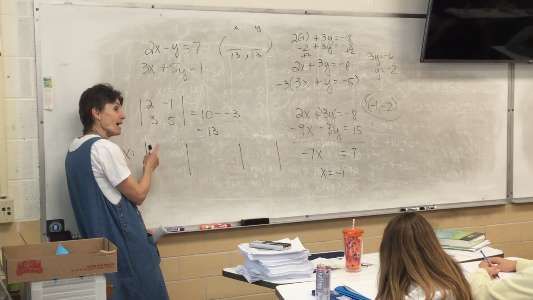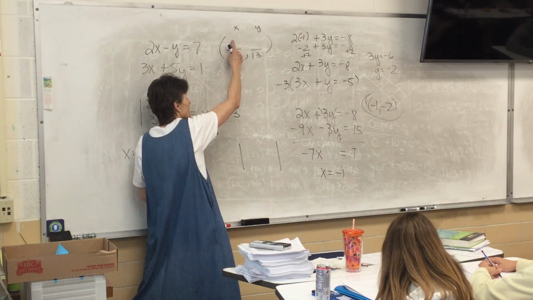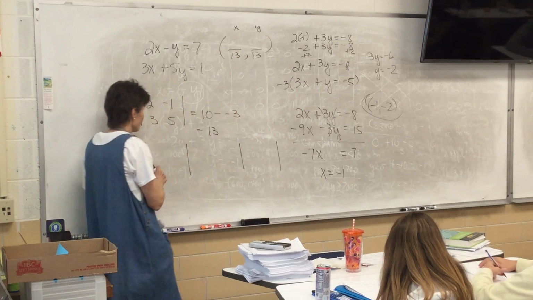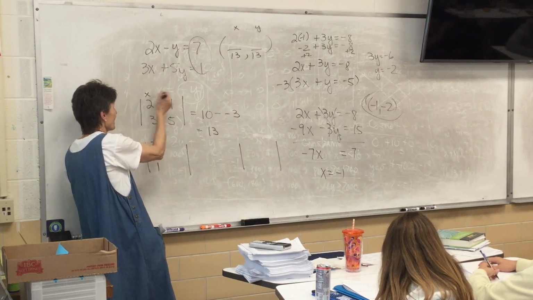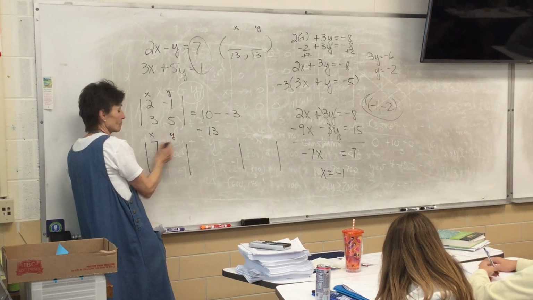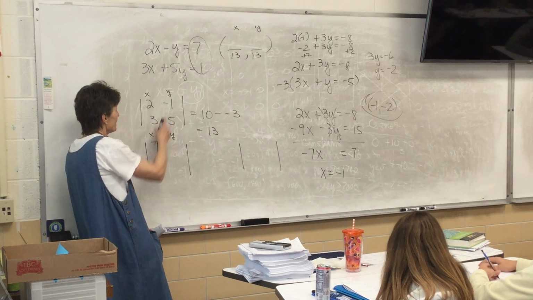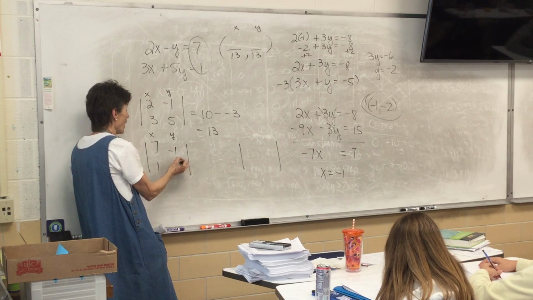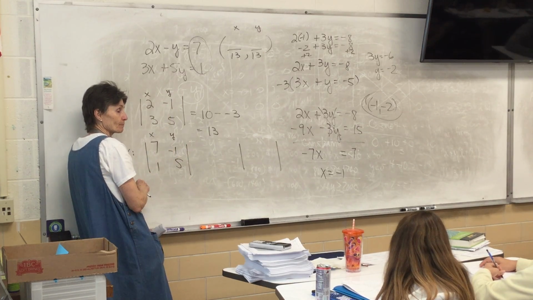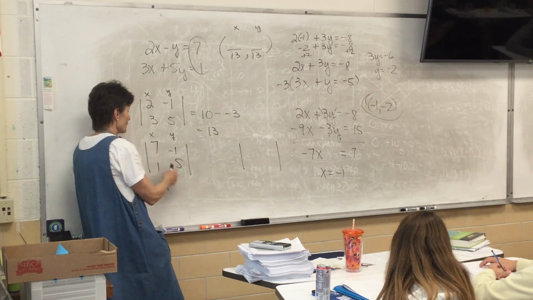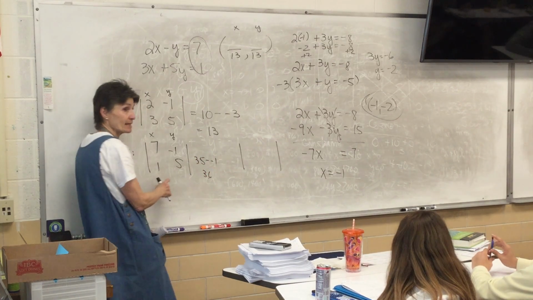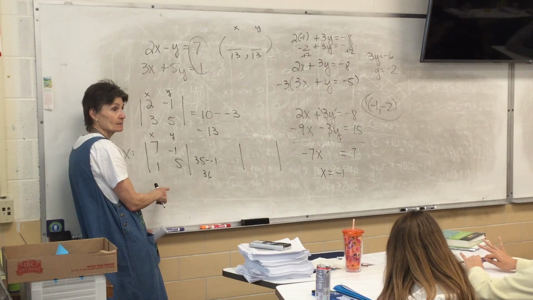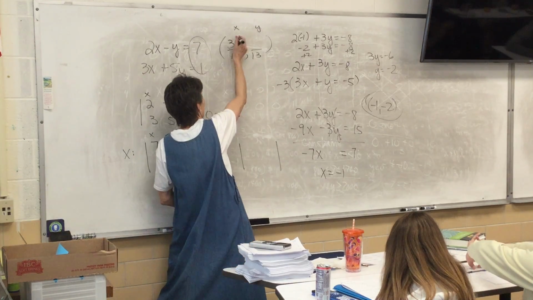To do the x, this guy right here, to do him, you take the 7 and the 1 and put them in the x column. These don't change. The y's stay the same. So this is 35 minus negative 1. I got 36. That is my x.